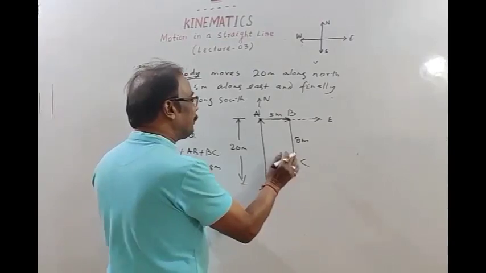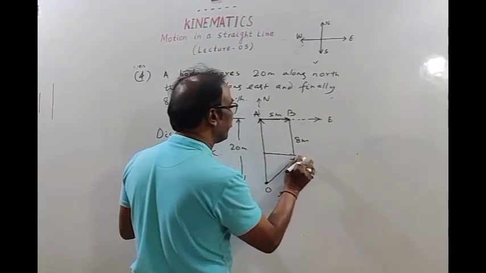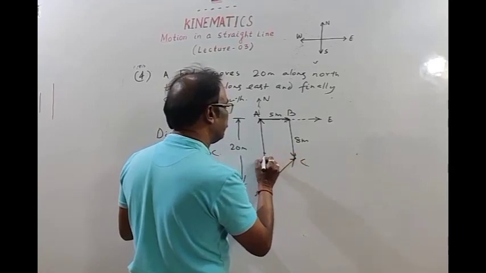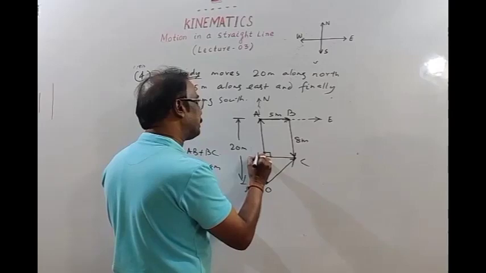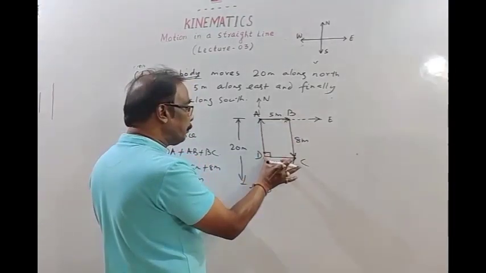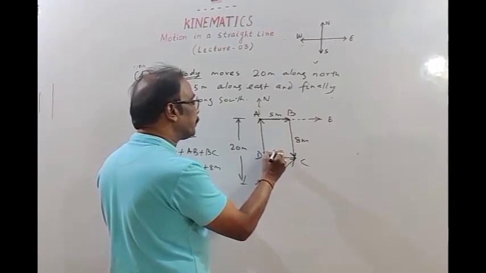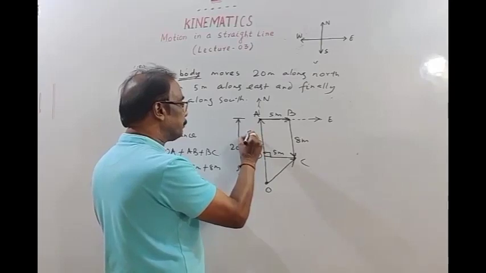Okay. To get displacement, just draw a perpendicular from C. Okay. This angle is 90 degree. Let this be any point D. Okay. Then length of AB is equal to length of DC. That equals 5 meter. Length of BC is equal to length of AD. That equals 8 meter.